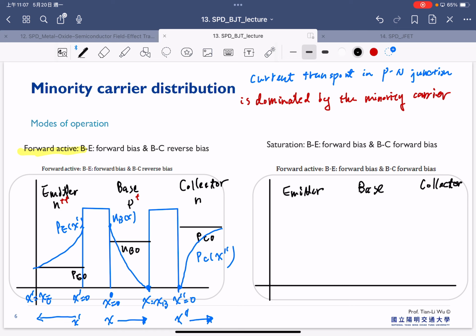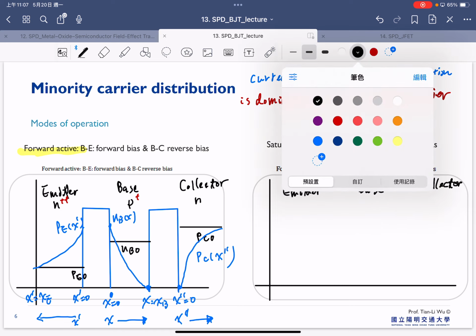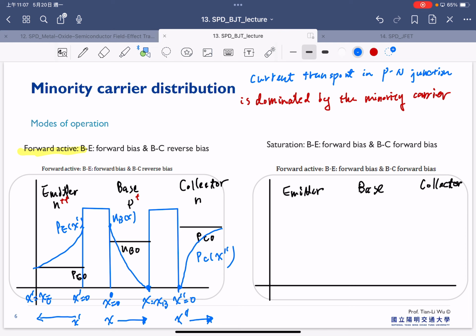And we still have the junction edge. And first just plot the PE0, that's here.